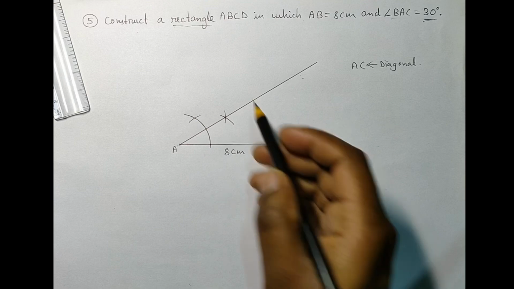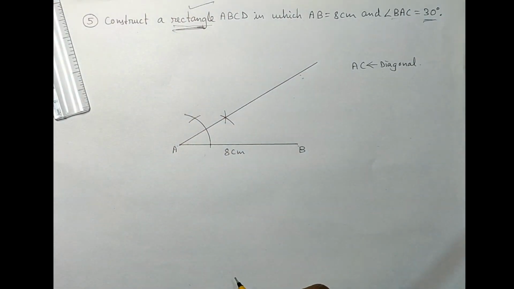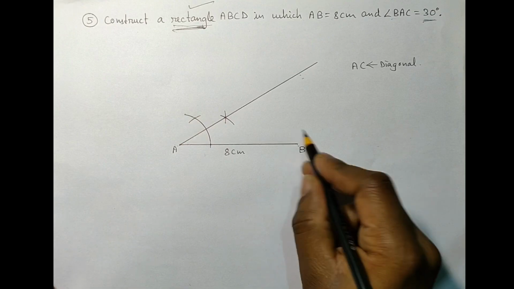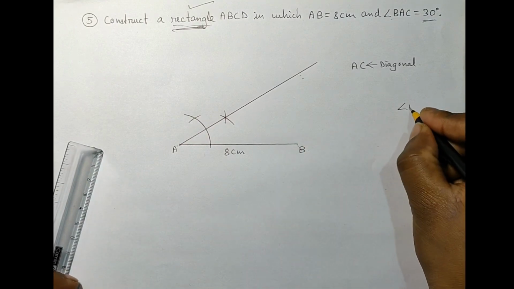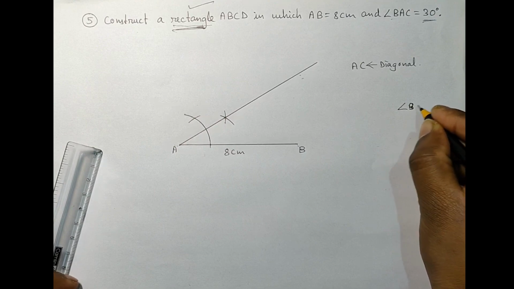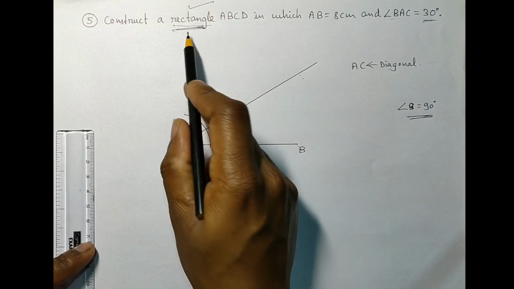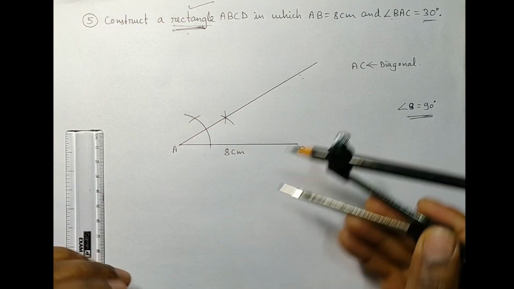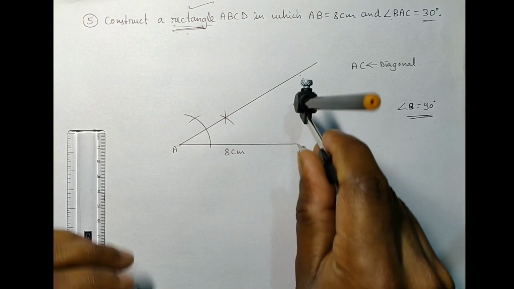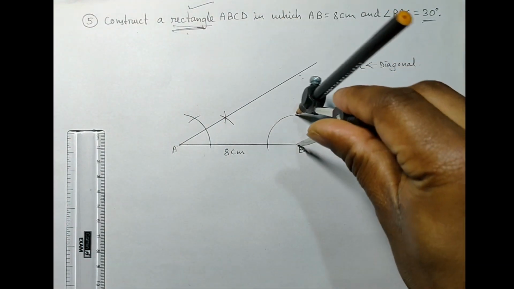Now we don't know where C is, but we know that this is a rectangle, and so each of the angles is equal to 90 degrees. So angle B will be equal to 90 degrees. Now let's construct 90 degrees using the compass at B. So let's cut an arc.